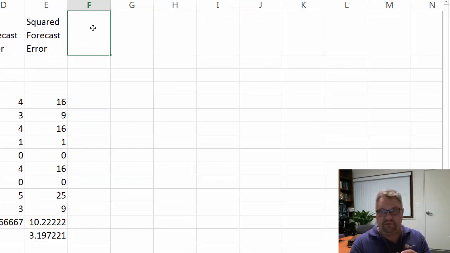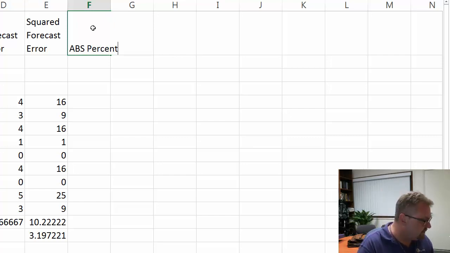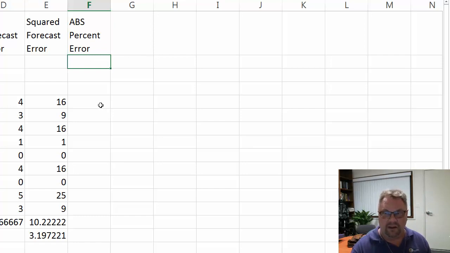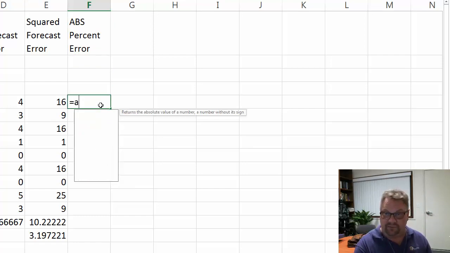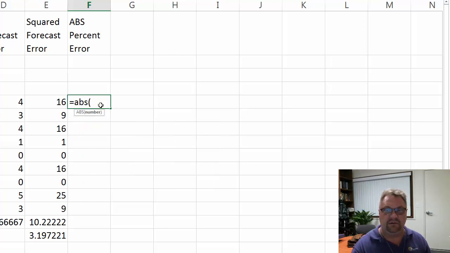Okay, and then lastly, my percent error. I'm just going to skip right to the absolute value of that percent error. So ABS of percent error. And of course, as it was before, it's just the ABS of my forecast error. Actually, I don't need to do that, sorry, because the forecast error is already an absolute value. So I guess I don't have to do anything.